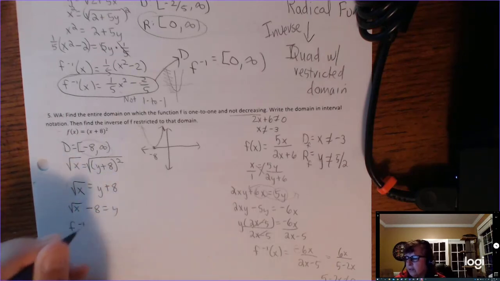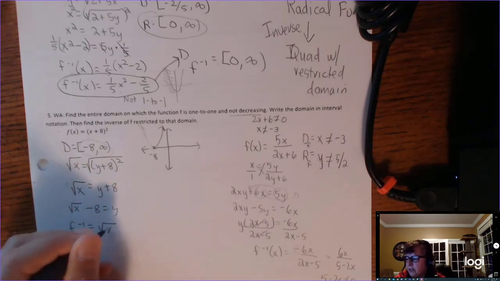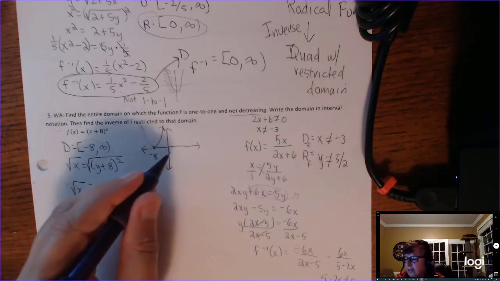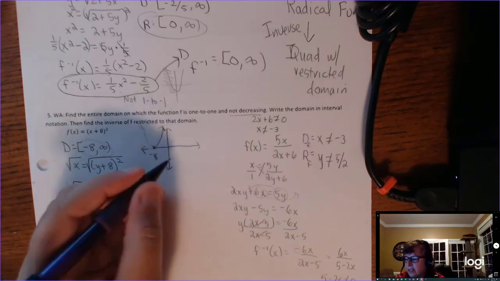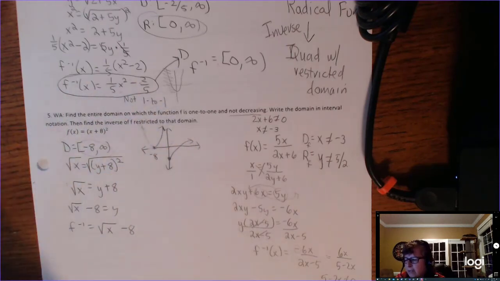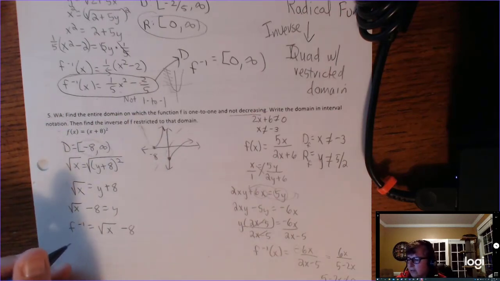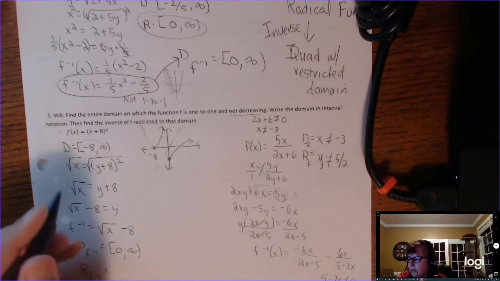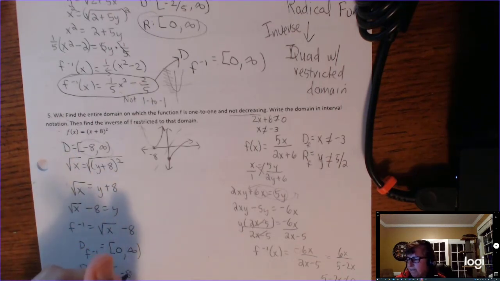So the inverse is this radical function right here that looks like a radical function but shifted down 8. And they do look like they are symmetrical. Okay, so this domain, x has to be greater than or equal to 0, is 0 to infinity. This range, we already know it because it's the same as that domain.